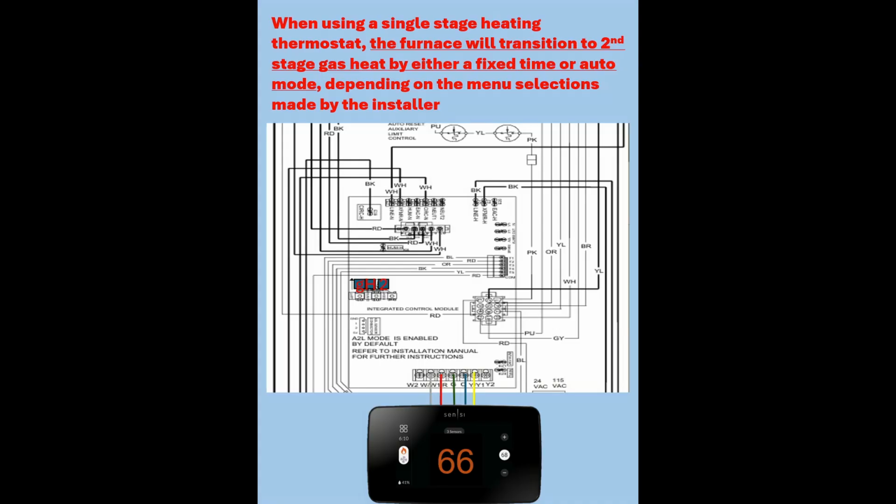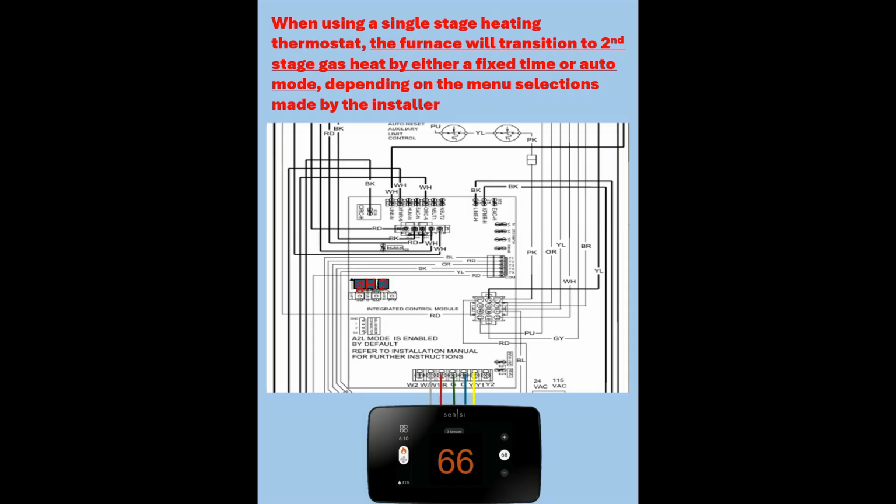So mine, you can only set it for up to 20 minutes, but I have mine set so that it can't go to high fire in the first 20 minutes, because my furnace is right sized, per my load calculation.